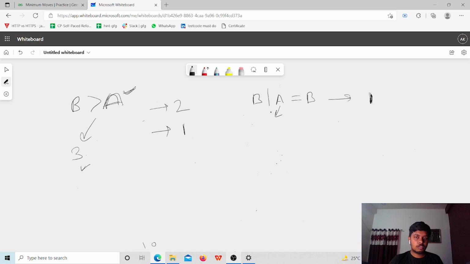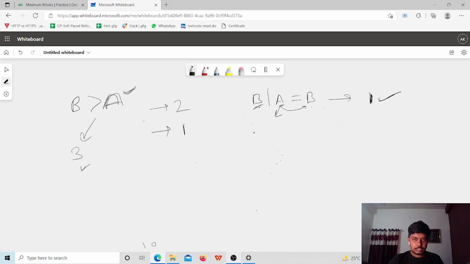I will just perform the OR operation of A with B, and that will be equal to B, right? So this will take one operation. So I can do this in one operation if A OR B is equal to B. In that case, this will be the answer.